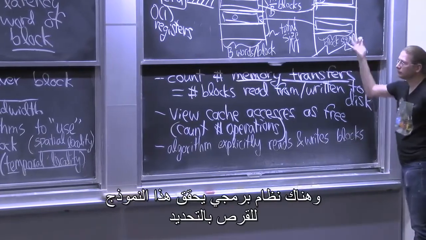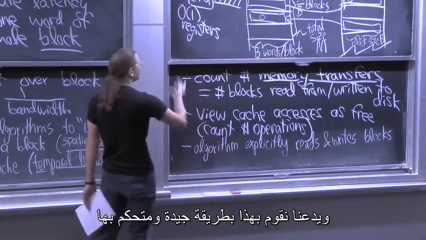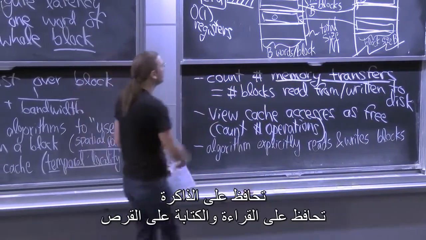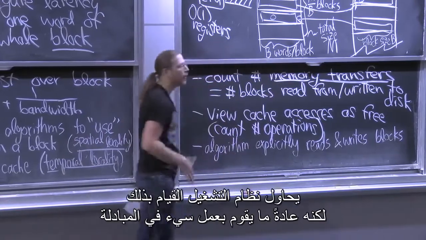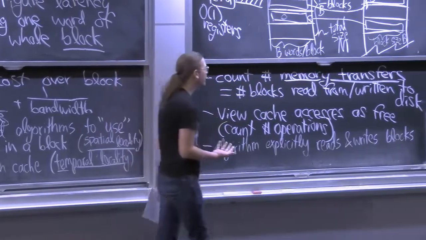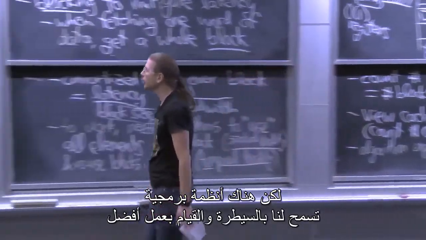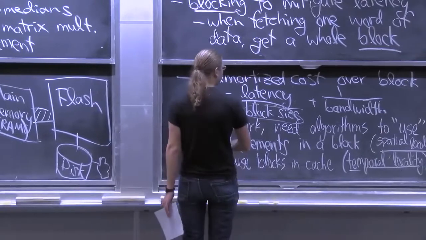And there's a software system that implements this model, particularly for disk, and lets you do this in a nice controlled way, maintain your memory, maintain reading and writing disk. The operating system tries to do this, but it usually does a really bad job with swapping. But there are software systems that let you take control and do much better.